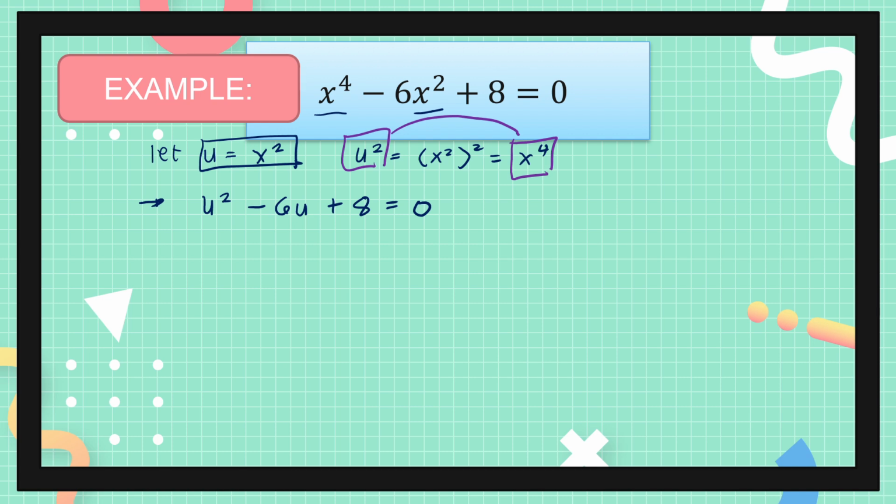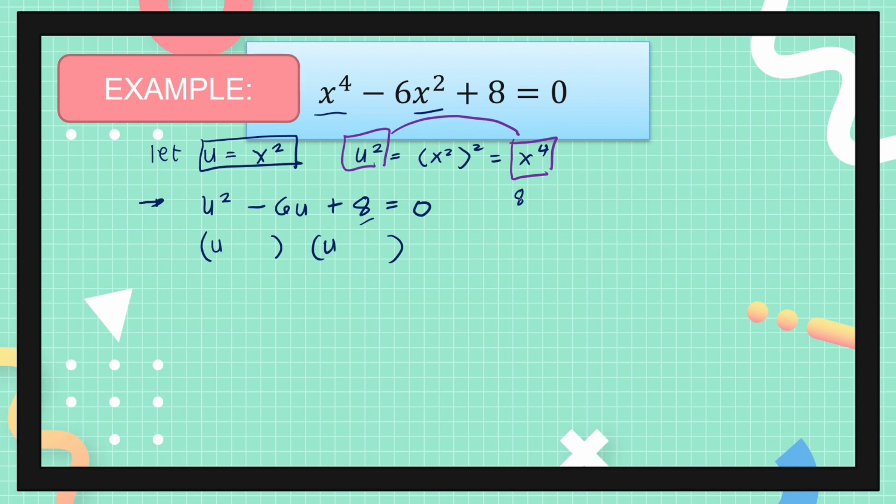Since this equation is factorable, we can get the factors of this equation and solve for u. So the factors of u squared are u times u. And then you will think of the factors of positive 8 that, if we add up those factors, the result will be negative 6.